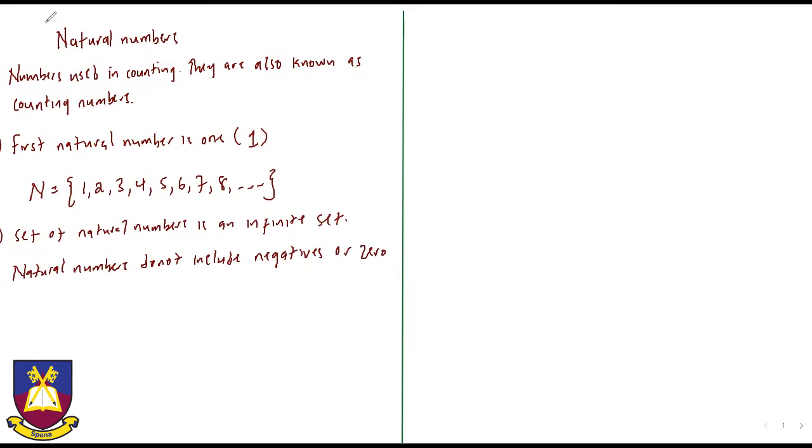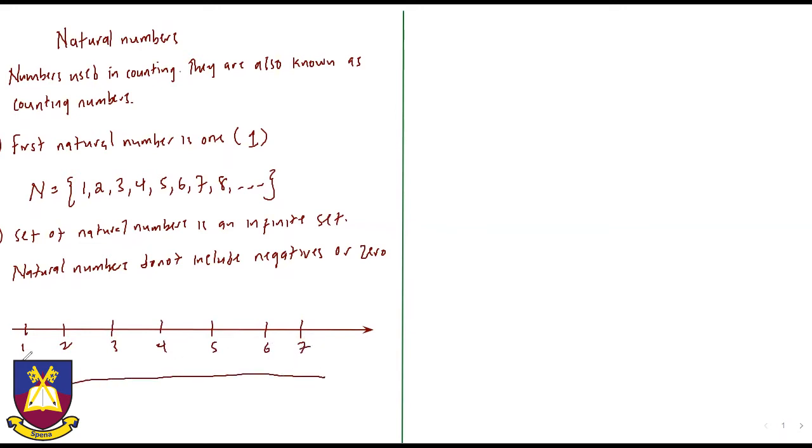In fact, if I was to represent natural numbers on a number line, then this is what would happen. I would start with 1, 2, 3, 4, 5, 6, 7, and so on. So from 1 onwards up to infinity, those are what we call natural numbers.